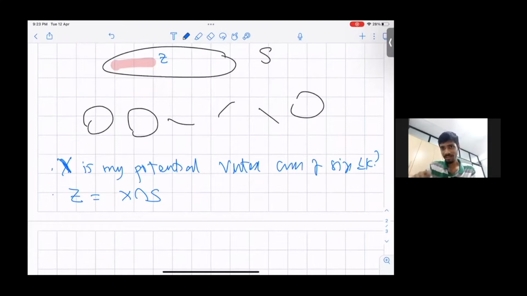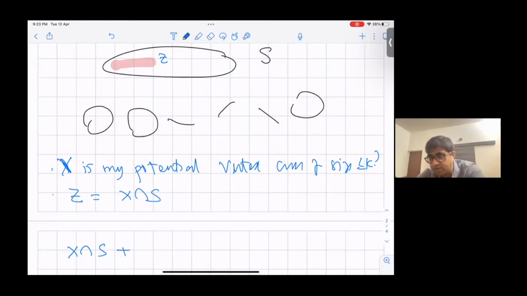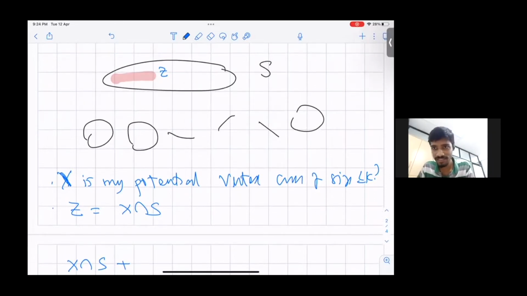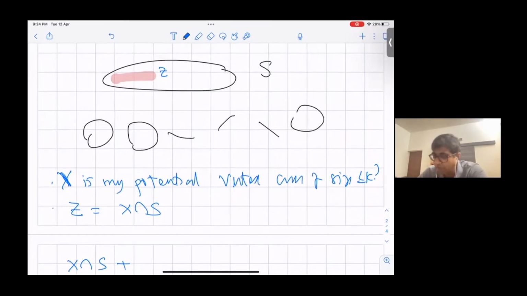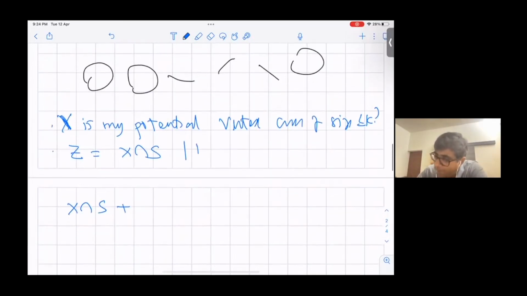Now, of course, the remaining S minus Z should be an independent set. So what he is saying is that if Z is a valid guess, then S minus Z is an independent set.